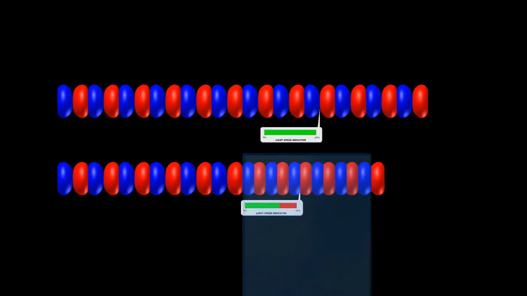The reason that light slows down in glass and then accelerates back to full speed on exiting the glass was shown.